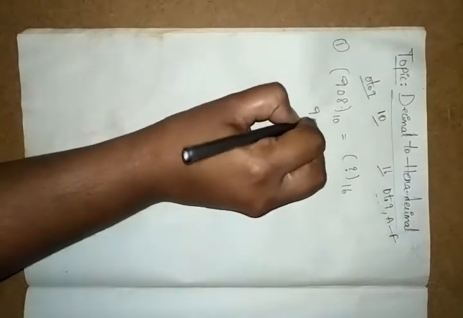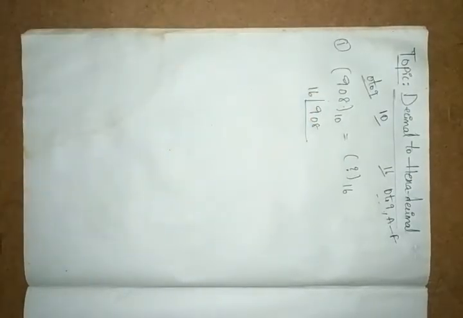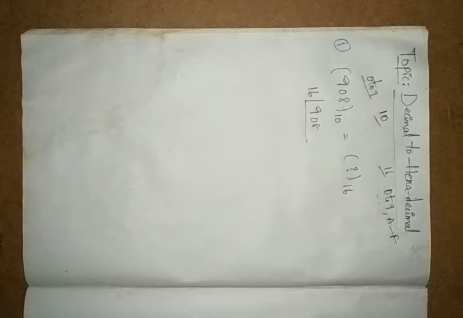Like in the previous binary and octal conversions, we do the same here, but now we calculate with 16. Let's see. First take 908 with 16.